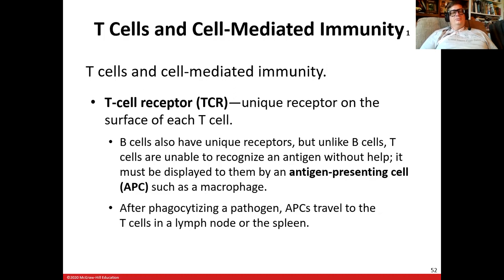The antigen-presenting cells grab a pathogen that they're trying to get rid of. And then they'll find a T cell and say, hey, I just ate this thing that doesn't belong. Here's a piece of it. Go find those and kill them. They present the antigen to the T cell.